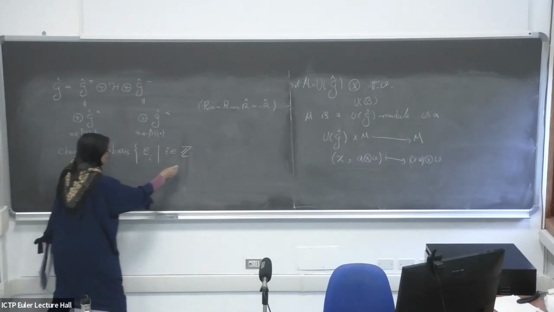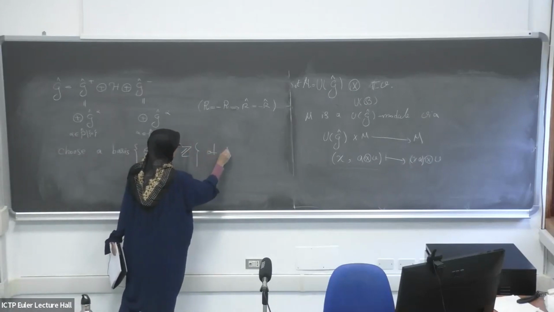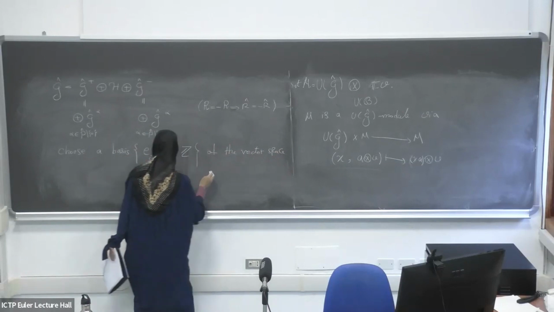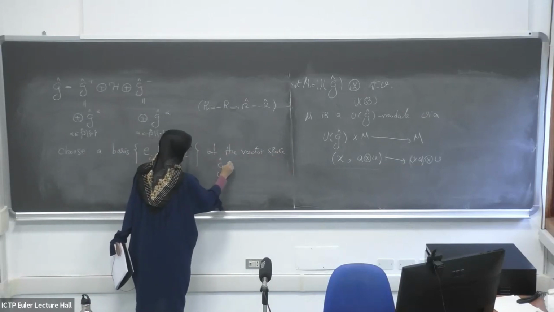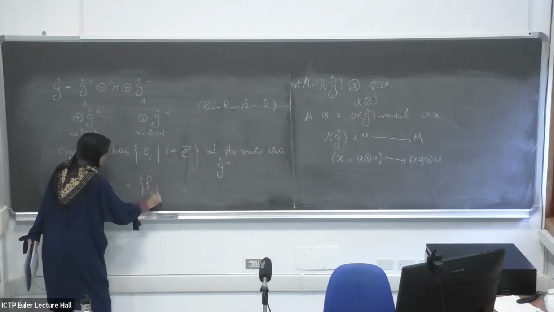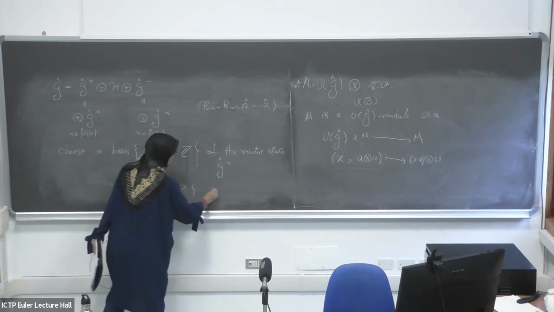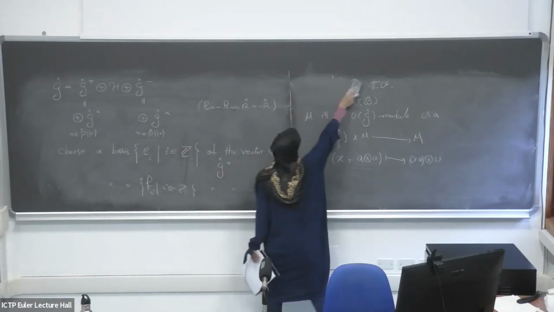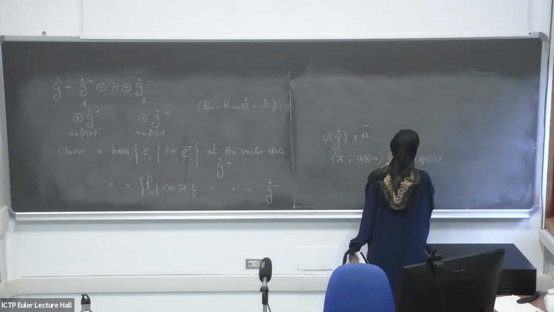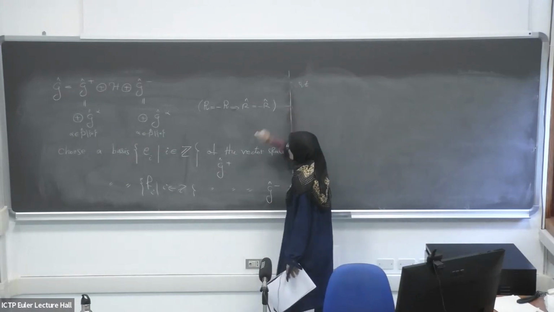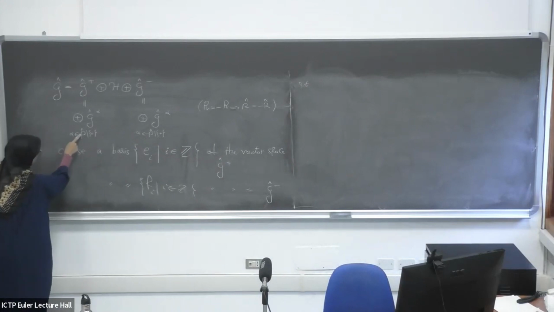I consider a basis EI of the vector space G hat plus and a basis Fi of the vector space G hat minus, such that, look at this, G hat plus is direct sum of some subspaces.